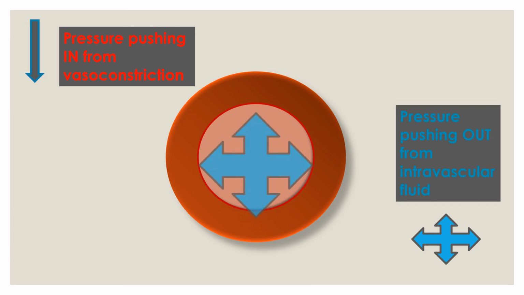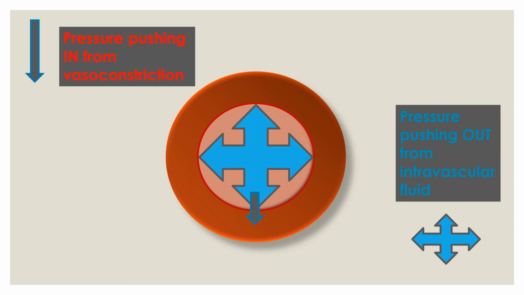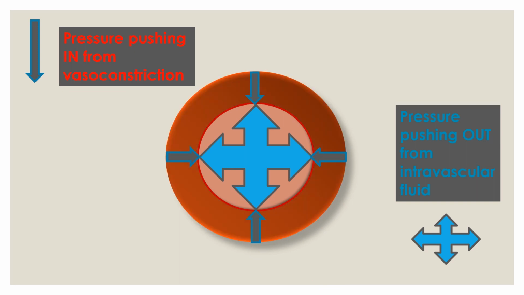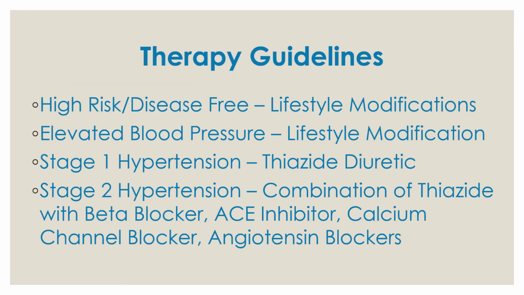So you see fluid pushing out and vasoconstriction, or the tone of the vessels, pushing in. And that's what makes up our blood pressure. So if we're going to change someone's blood pressure, we have to focus on changing one or both of these two factors.